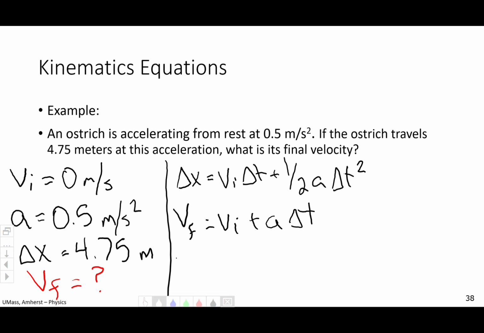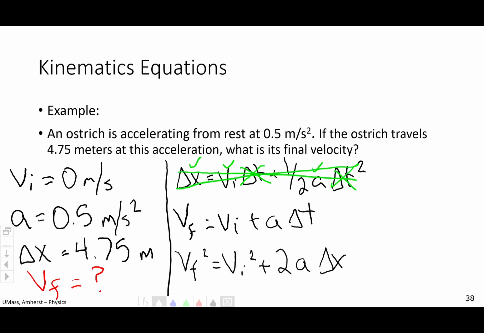And let's go ahead and list our Vf squared equals Vi squared plus 2a delta x. So let's look at these and let's make sure that we are clear on which one we should use. The first one, delta x we have, yes. Vi we have, but we don't have delta t. We do have a, but we still don't have delta t, so this guy is out.